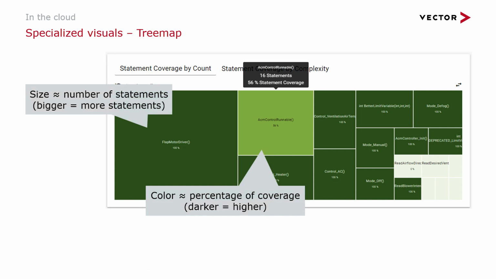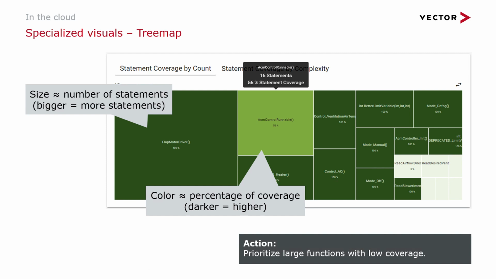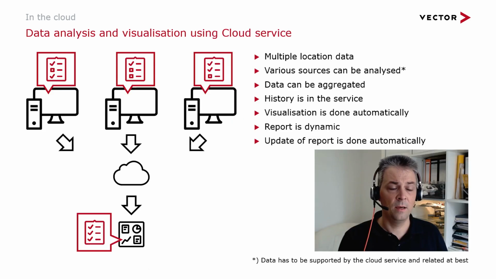So we get the information if we have covered all the functions by the color, and how much effort it could be depending on the size. Here we can say, okay, there is a big function that is not fully covered, so I should prioritize large functions with low coverage. This is the next point where I should attack.